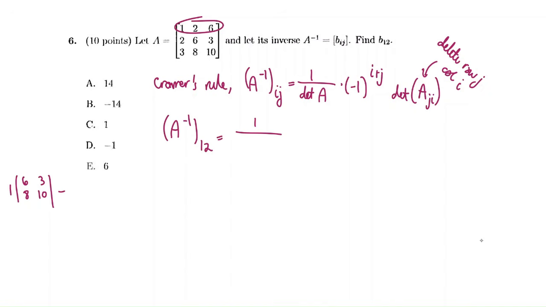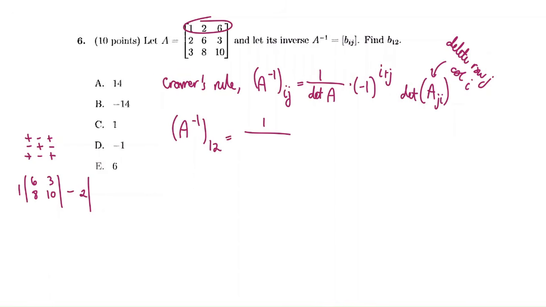And then minus, because it's an alternating checkerboard that I talked about earlier, 2 times the determinant of 2, 3, 3, 10, plus 6 times the determinant of 2, 6, 3, 8.